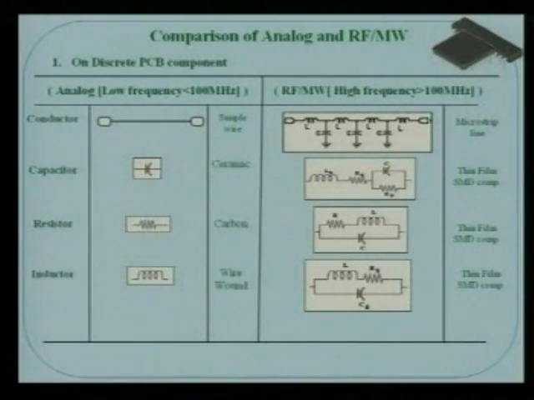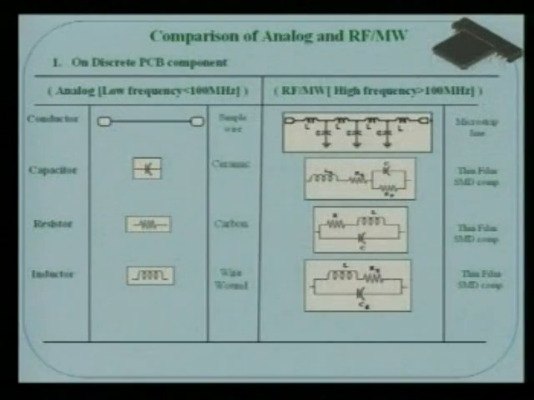For example, a capacitor is not a simple capacitor. It has a series resistance like a loss in the capacitor, a leakage path Rp, and also another parasitic capacitance. So the model of simple components becomes more and more complicated when you go to high frequency, that is, when the component size is comparable with the wavelength. For example, the resistor has an inductor as well as a capacitor. A simple inductor is not just an L, but it also has a resistance in series and a capacitor in parallel.